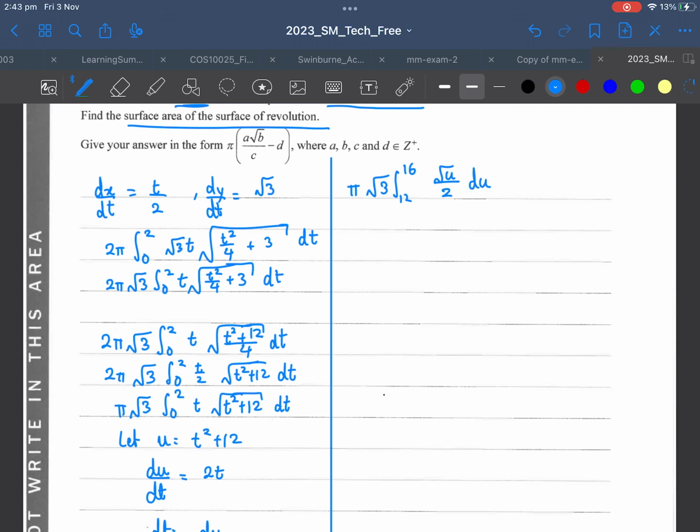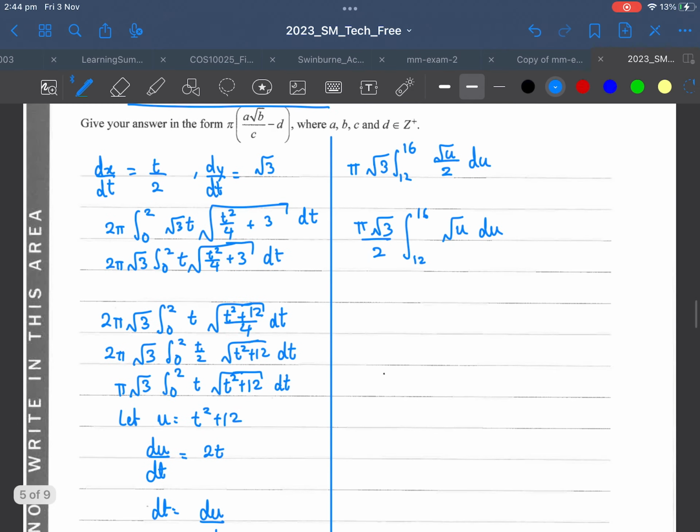And I'm going to bring the 2 out as well, so pi root 3 on 2, 12 to 16, root u du.